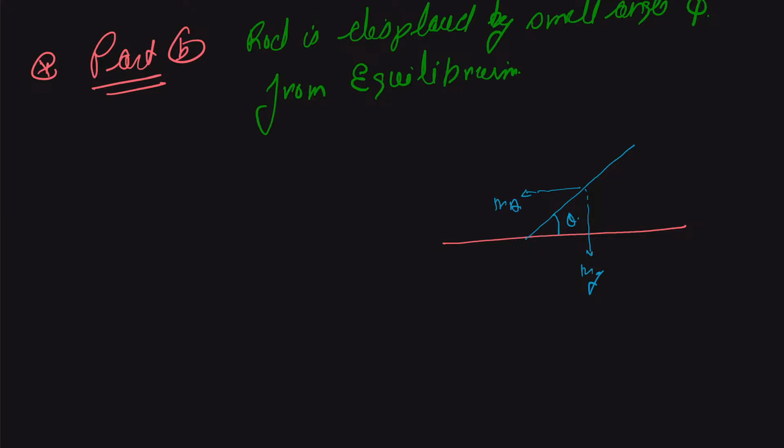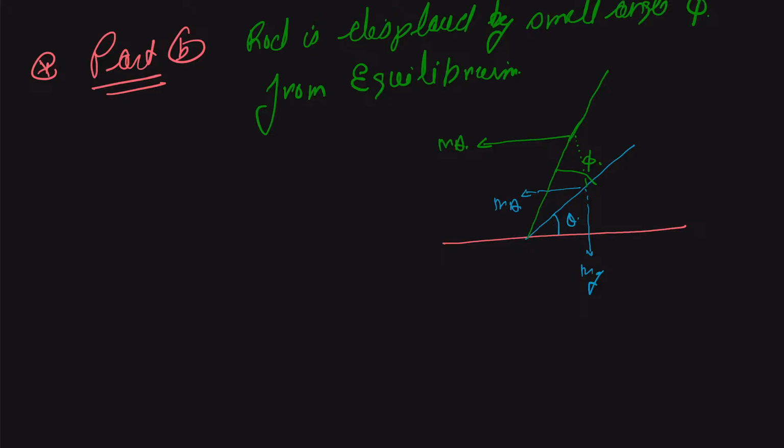Now we have disturbed the equilibrium. Suppose this is a new position and this angle is given as phi. We can clearly see that as the rod rises, the center of mass also shifts. So here we are going to get now our MA at this position.